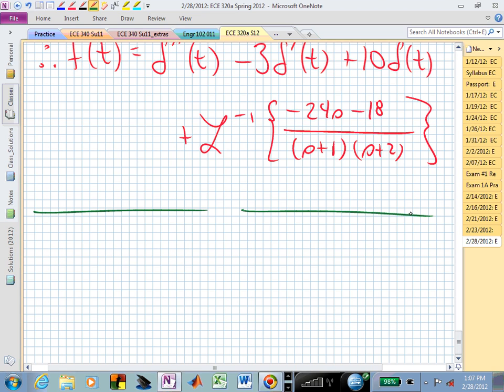Now what we want to do is perform partial fraction expansion on that proper transform.